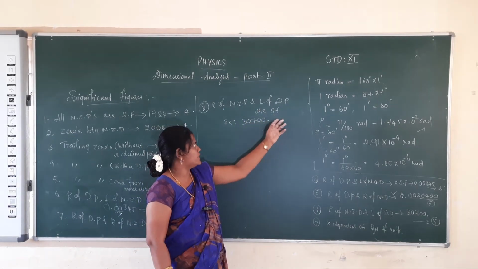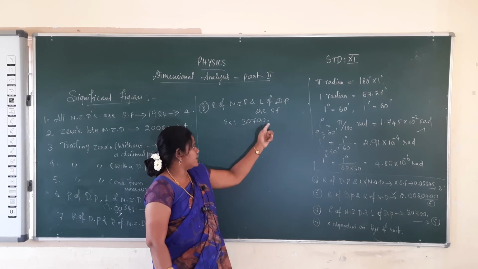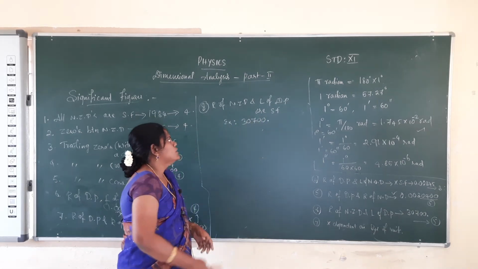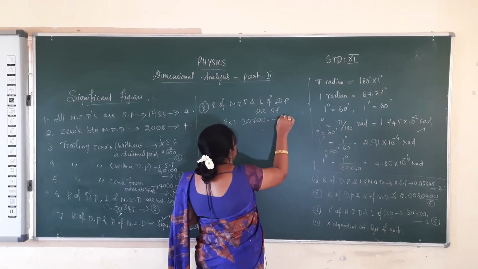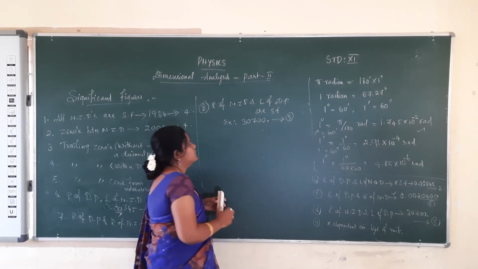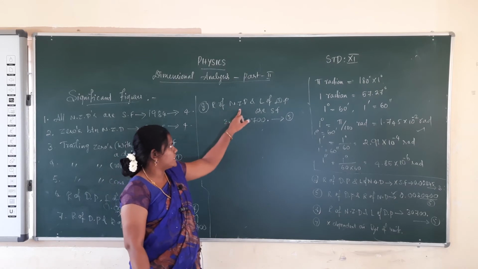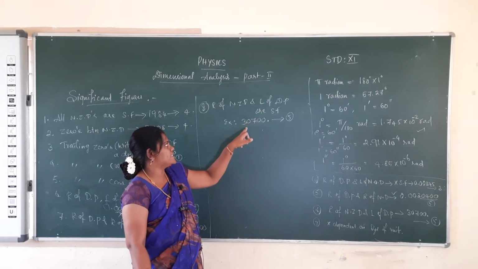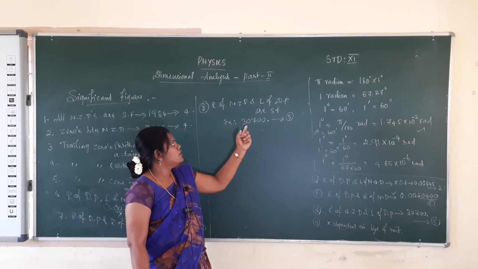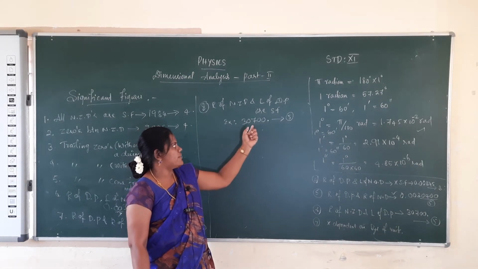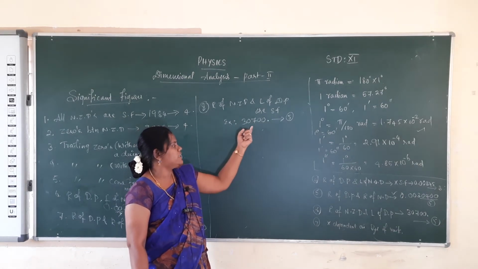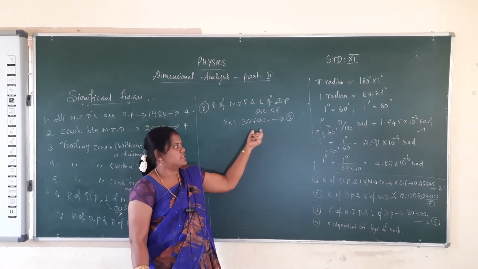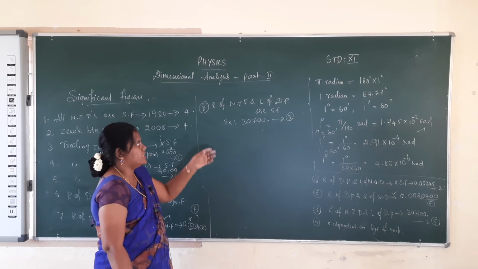The zeros that come to the right of a non-zero digit and to the left of the decimal point are significant figures. So 30700 has 5 significant figures. So right of a non-zero digit and left of a decimal point are significant figures.